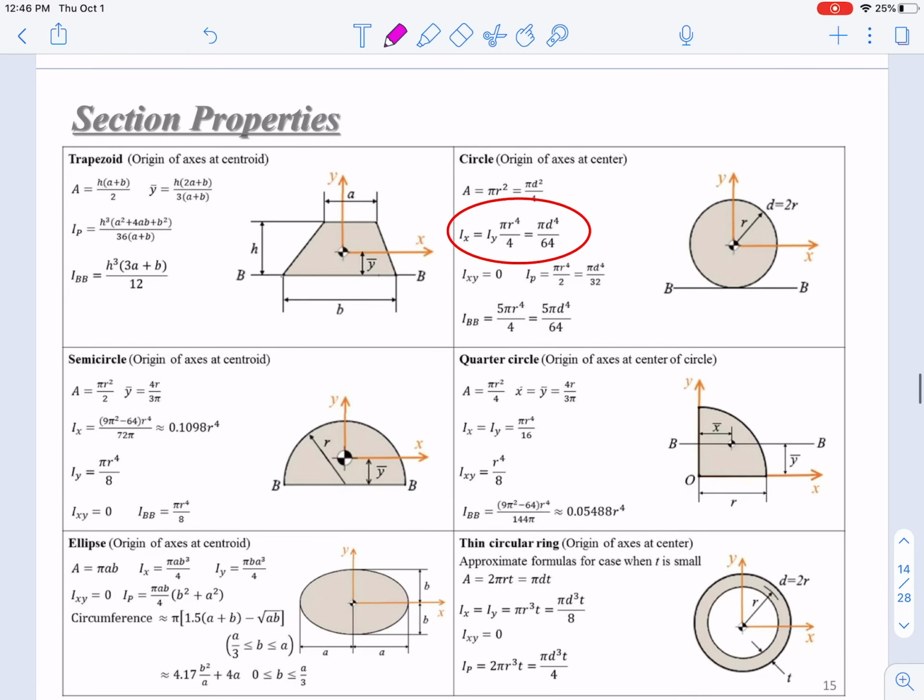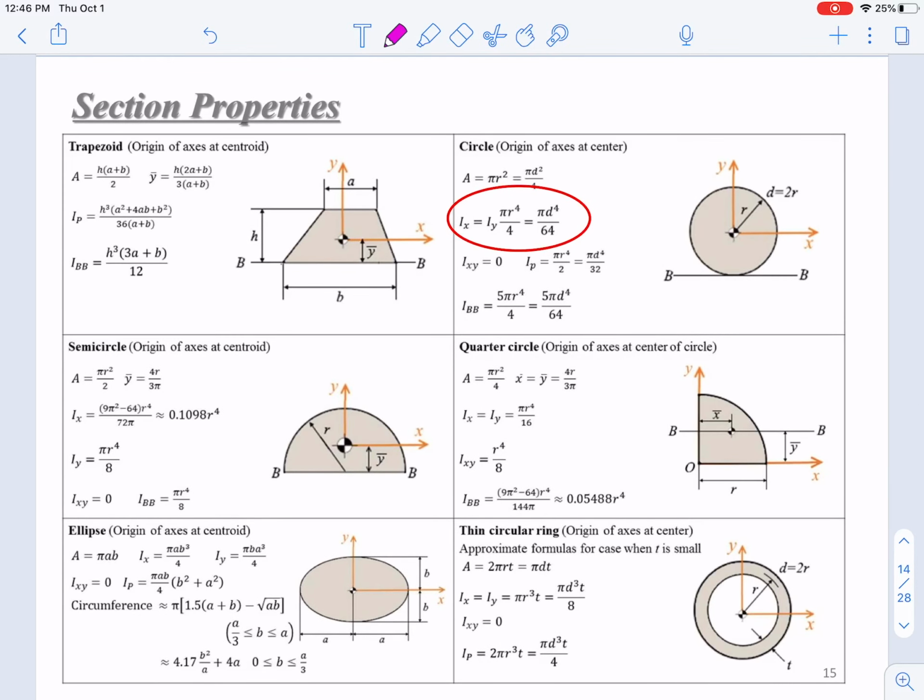We gave the equations to calculate these section properties for simple cross-sections, simple shapes. You can see that for a circle, A equals just pi r square or pi d square over 4. Ix equals Iy equals pi d to the fourth over 64.